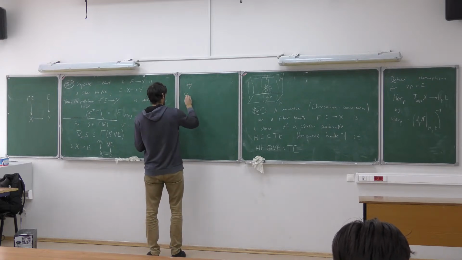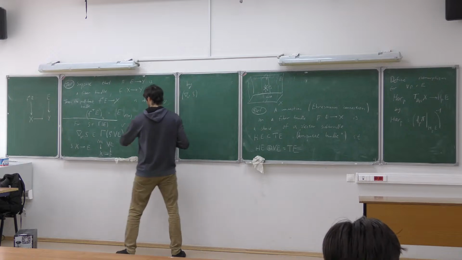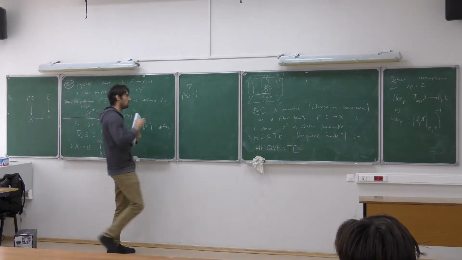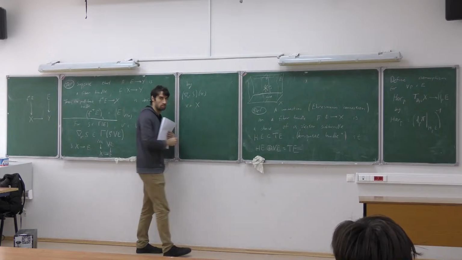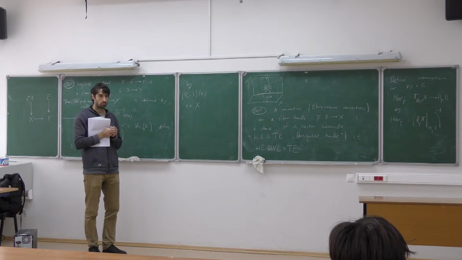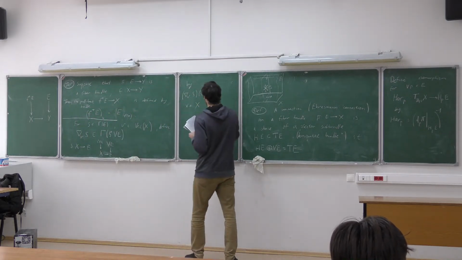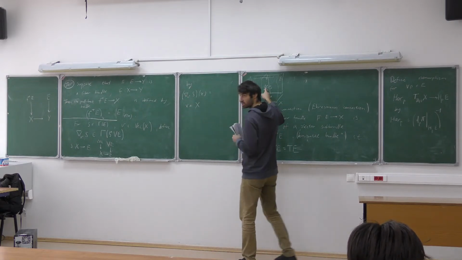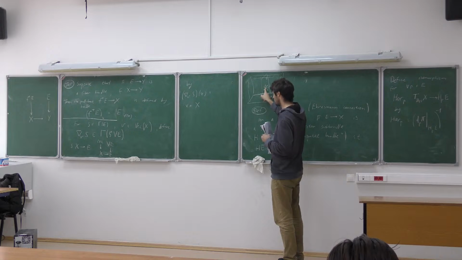Okay, so I take this section in here, so I can consider its value at x, where x is a point in X. This should give me some vector in the tangent space of E at S of x.